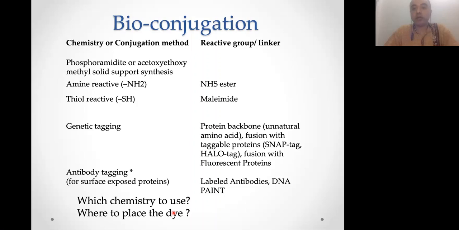But if you're just trying to tag it at a place where it doesn't interfere with the function, and you only want to track that protein in real time in the milieu of the cell, then it doesn't really matter where you tag it as long as you don't lose function. So these are project-specific questions, and I'm happy to answer them if you are interested at a later point.